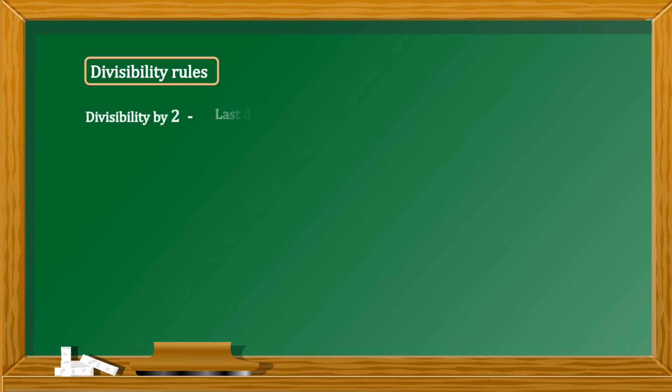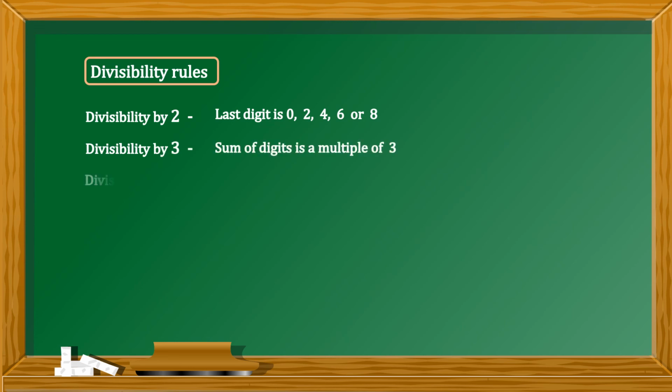A quick recapitulation of all the divisibility rules. To test the divisibility by 2, the last digit should be 0, 2, 4, 6 or 8. For divisibility by 3, the sum of the digits should be a multiple of 3. For divisibility by 4, the last two digits should be 0, 0 or a multiple of 4.